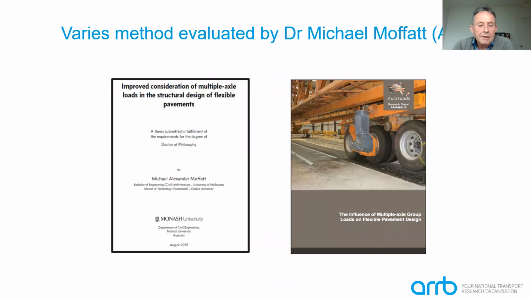Michael Moffat of ARRB undertook a PhD at Monash and evaluated this issue, and we looked at a range of different methods that could be adopted by Austroads. If you'd like further details of how this evaluation was done, I refer you to Michael's thesis.